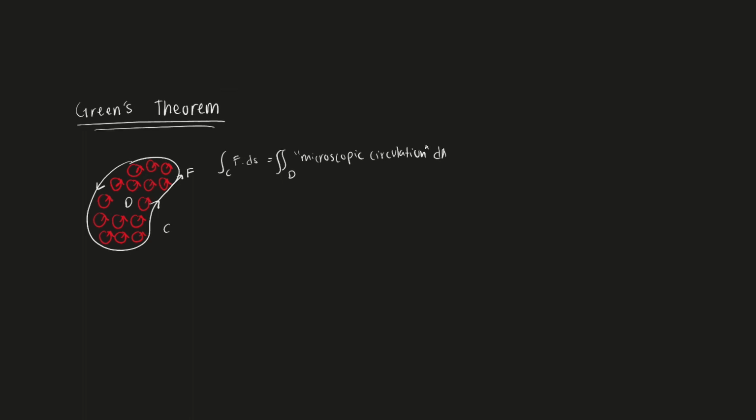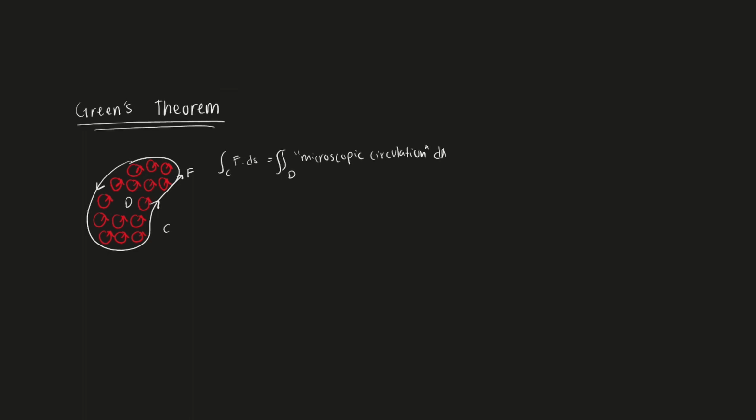And this means that if we calculate the line integral of the vector field around the boundary of a surface, we can find the circulation inside the surface, denoted by this red circle.